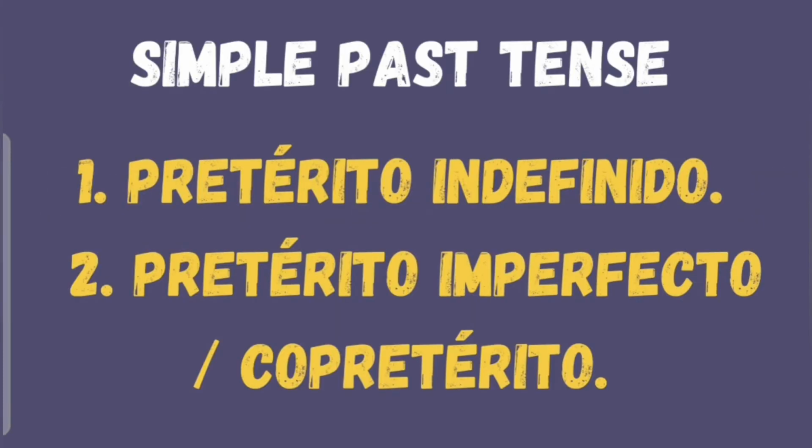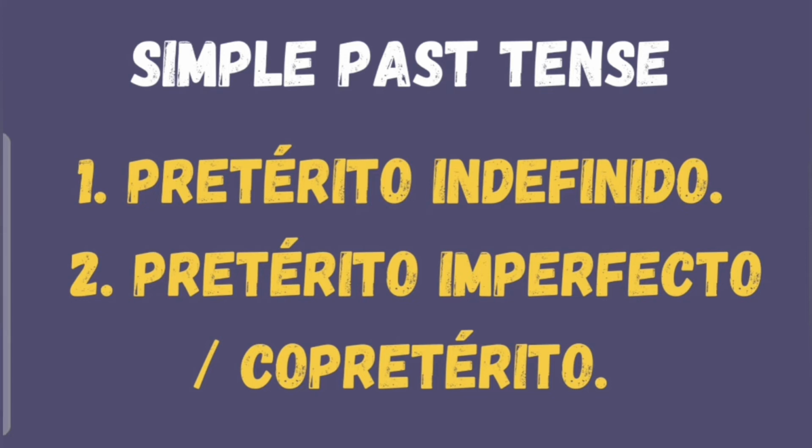When we're talking about the simple past tense in Spanish, we have two forms of simple past. The first one is the indefinite past, el pretérito indefinido or pasado indefinido.